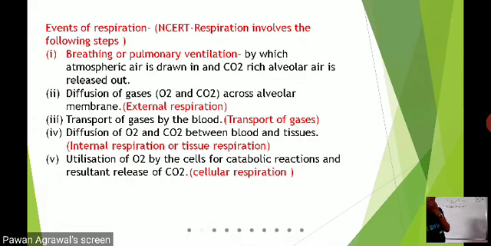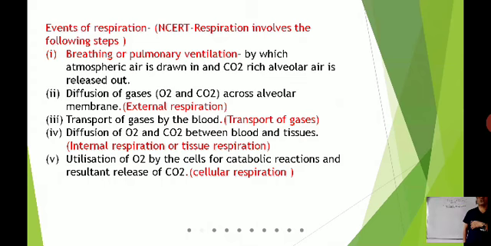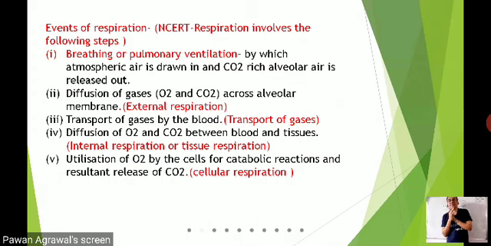The second event is the external respiration, also known as the diffusion of gases. Oxygen diffuses from the alveoli into the blood capillary, and CO2 diffuses from the blood capillary into the alveoli.